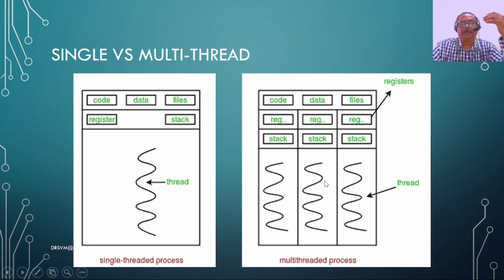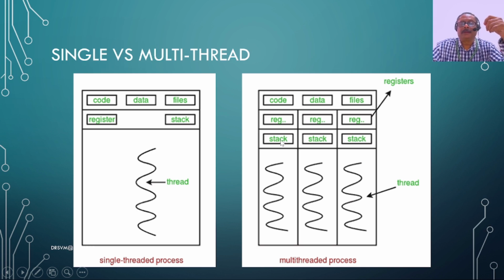In case of a multi-thread system, we can see that multiple threads are working concurrently, but if you look carefully, the upper three blocks, the code, data and files, are common to all the threads. Each thread has a separate place to store the contents of the register.